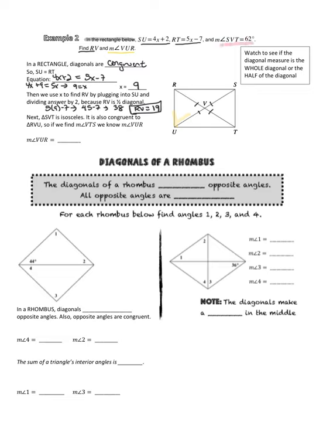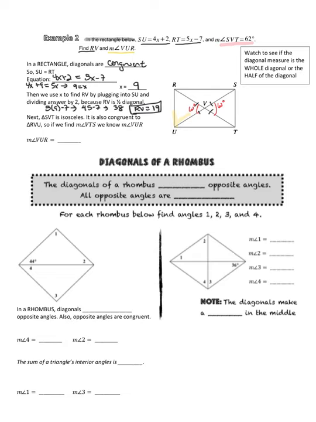So this one is 62 degrees. I'll put it there. Well, by the vertical angles property, angle UVR, or RVU, same thing, is also 62 degrees. Well, that's kind of cool.